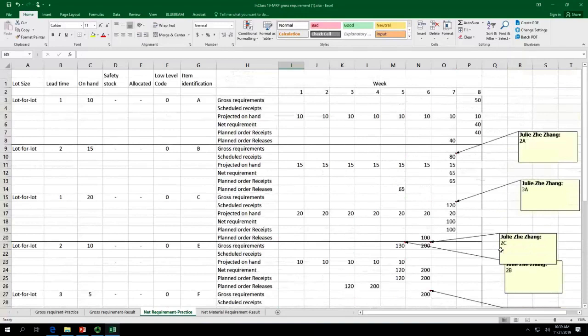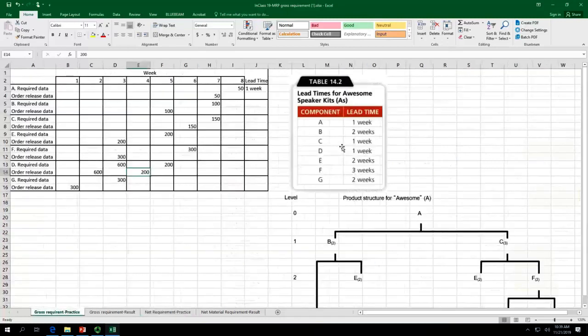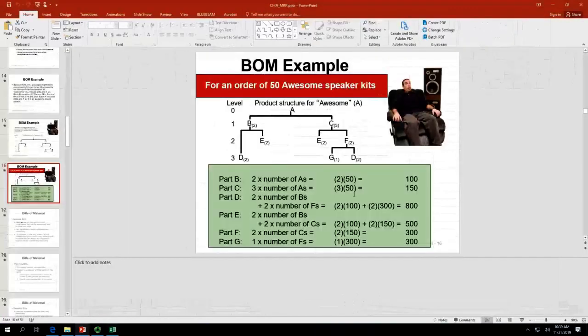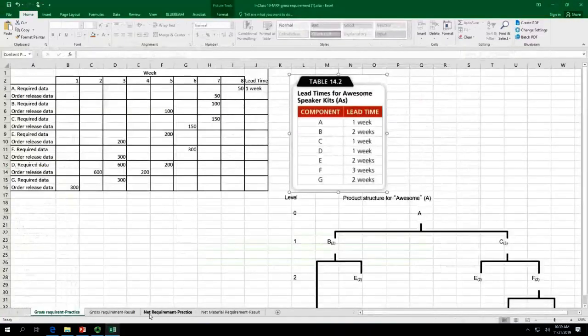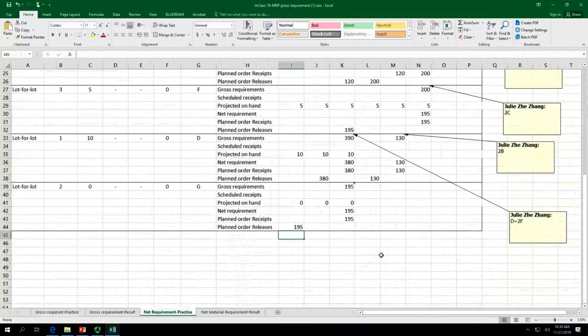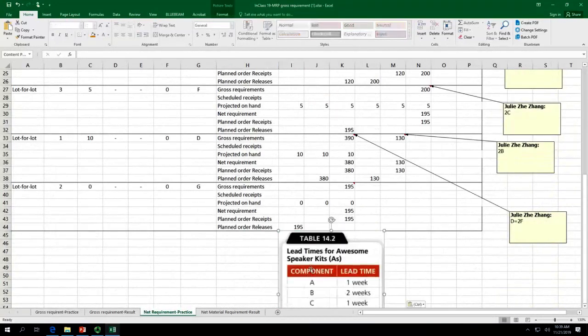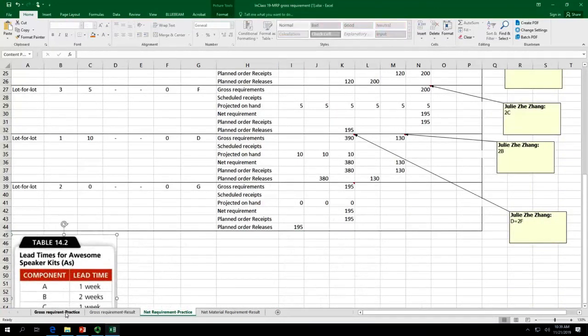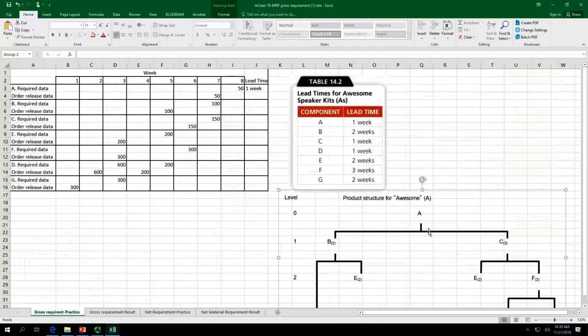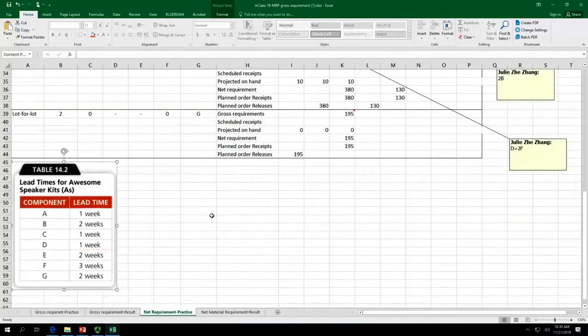Well, in practice it is very tedious, piece by piece. And the background information is the production lead time. So you need to keep this lead time in mind over here. And also we need the structure of the product and should keep this in mind.